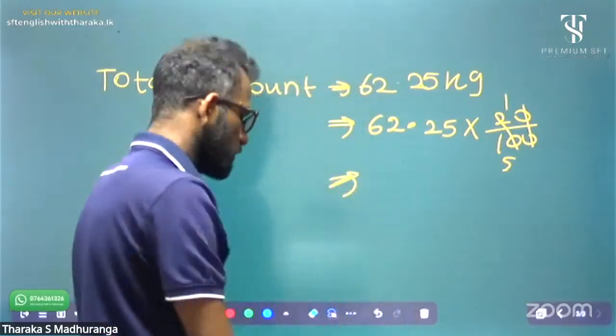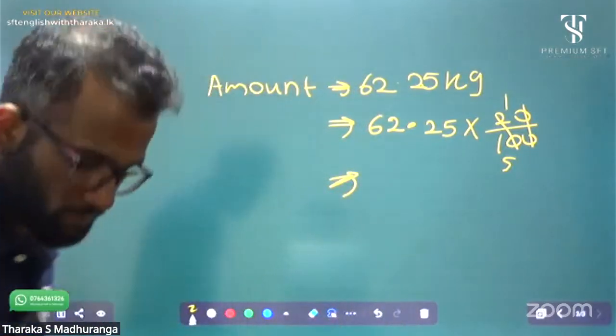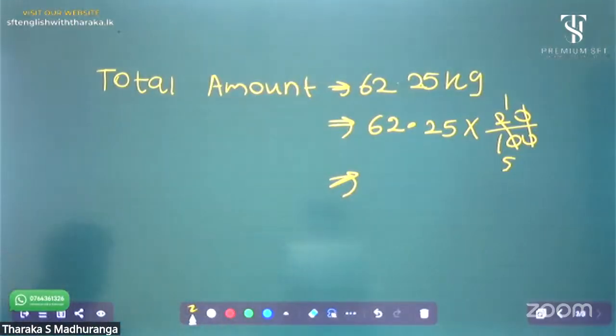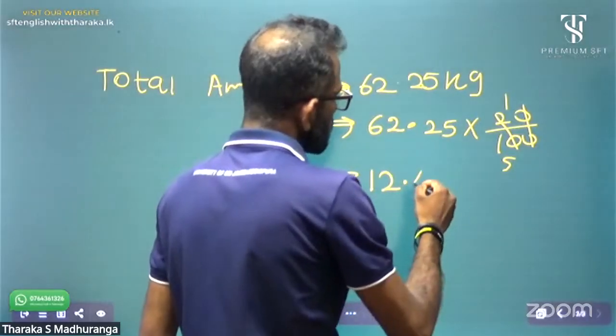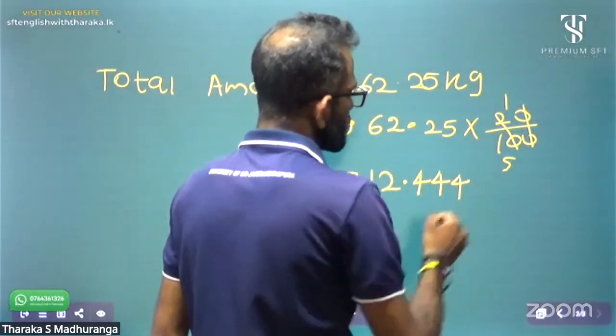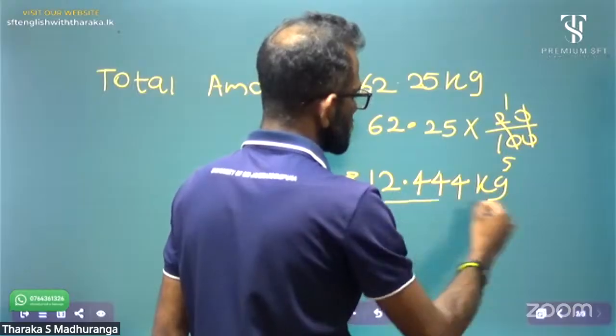So 62.25 divided by 5 is 12.444. 12.444 kilograms wasted.